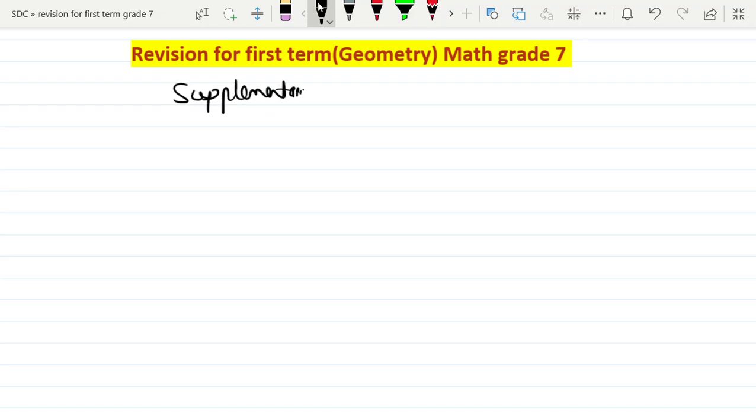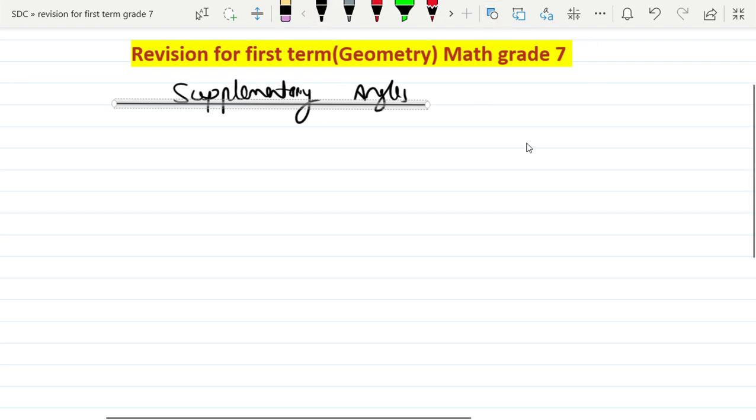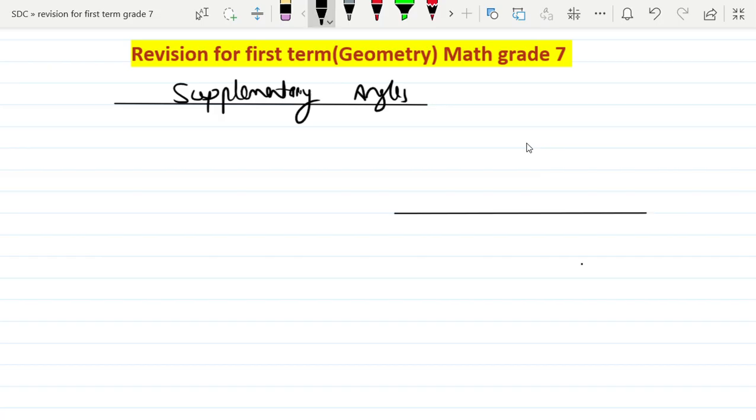Supplementary angles are those whose sum is 180 degrees and are mostly found on a straight line. Here I made one straight line, and its total amount is 180 degrees.